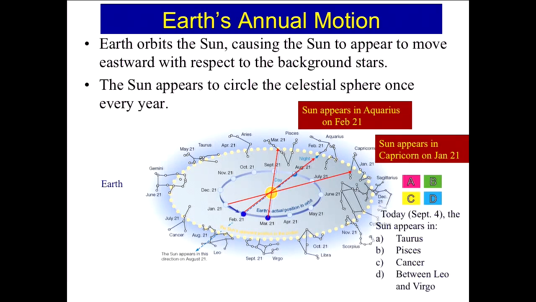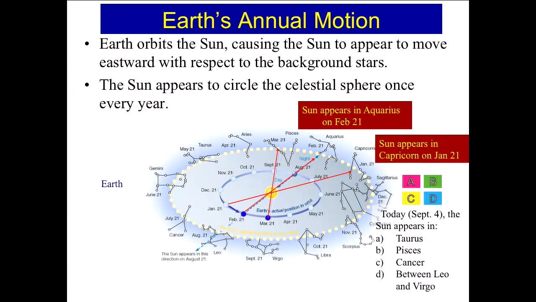Today is September 4th. It's almost September 5th. And in fact, it is September 5th in England. Isn't it? Yes, it is. On September 4th, my question to you is, what constellation will the sun be in front of?